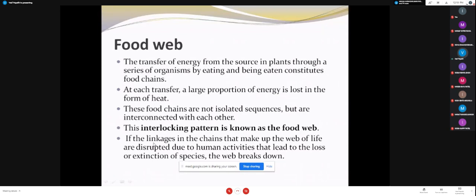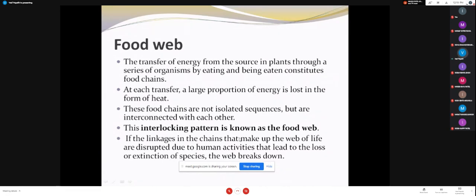And many of these food webs are disturbed by human intervention. How? Because humans will cause overutilization of a particular species, which can lead to loss or extinction of those species, and the food web breaks down.